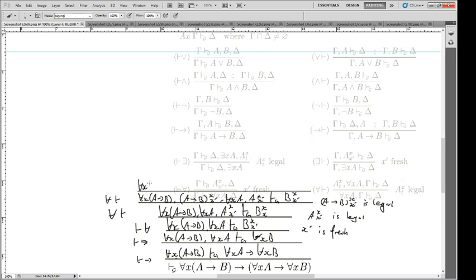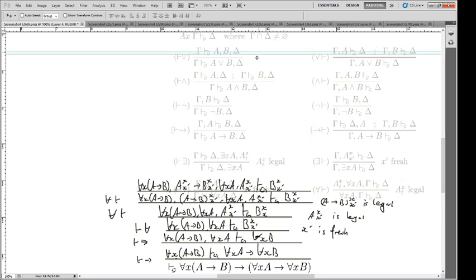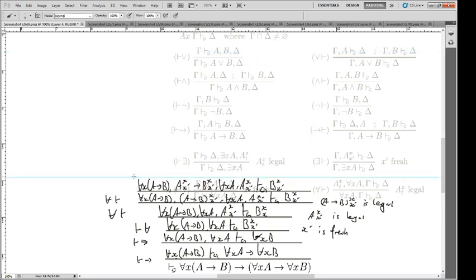We have for all x A implies B, and then A x prime implies B x prime. For all x A and A x prime, and we have the B on the right side. Sweet. Now we can apply the left implication rule. So we'll do that.